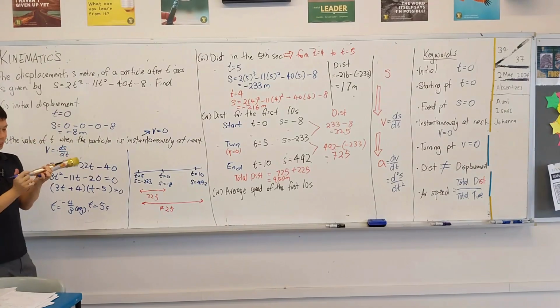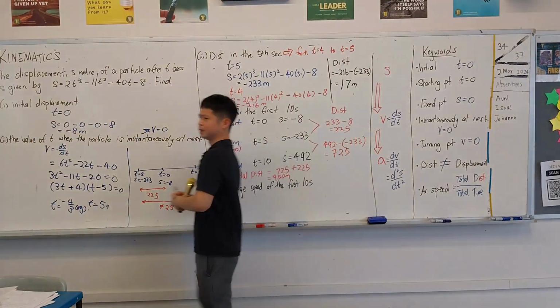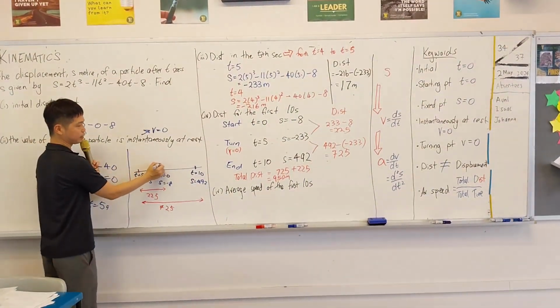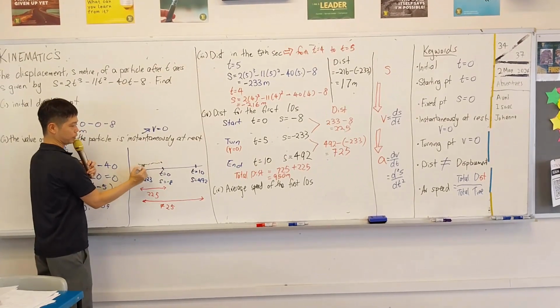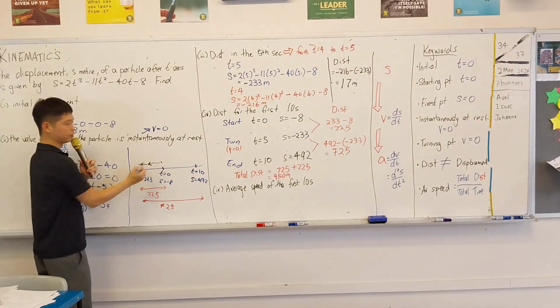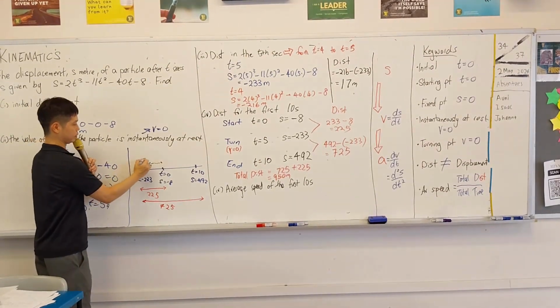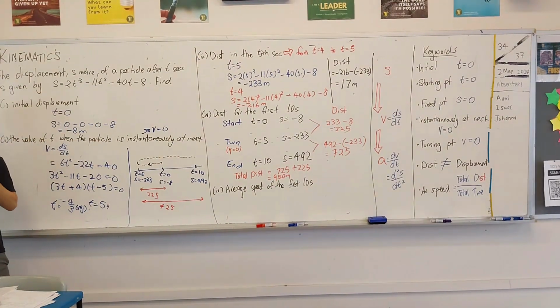Okay, the path looks like this. Consider the last part already because the last one very simple. Okay, I start with this. My particle move to the left, and then what happened to the particle? It stopped and then it go back. So the question is find this dotted line, how long it is.